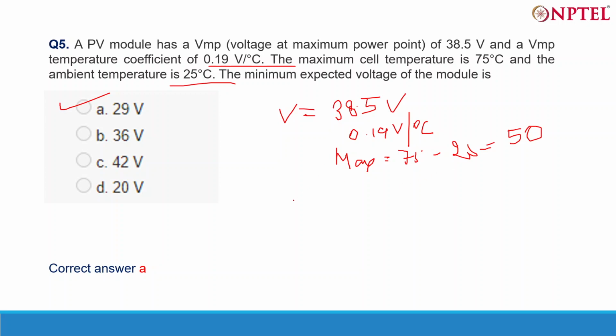So again, effective voltage will be 50 into 0.19, that is 9.5.